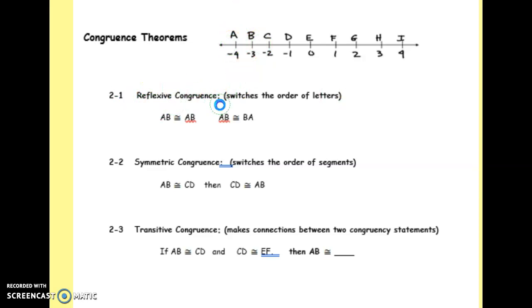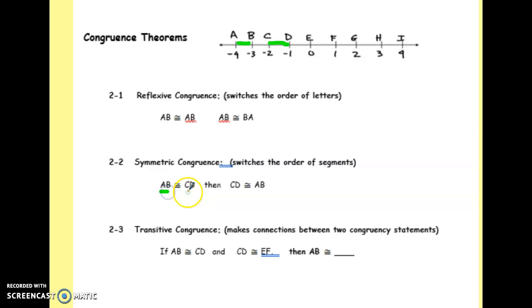Okay, the second rule or theorem says symmetric congruence, which just switches the order of the segments. So let's take a look. This first example here is AB is congruent to CD. So here's AB, it's a distance of 1, and they're saying that it's equal to CD, distance of 1. You could also write your congruency statement the other way around.